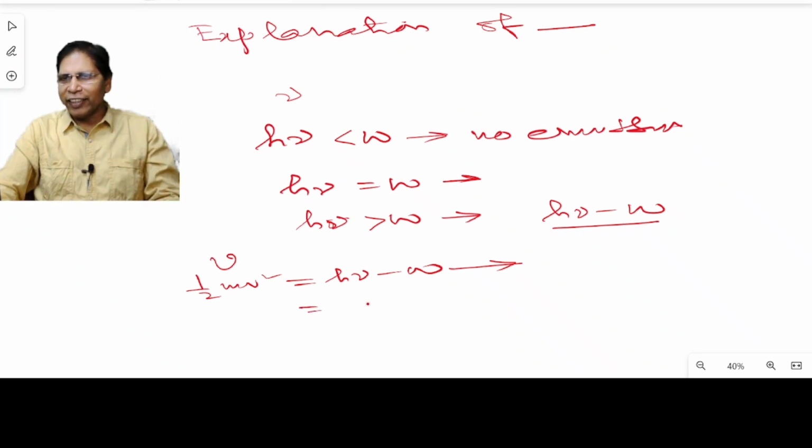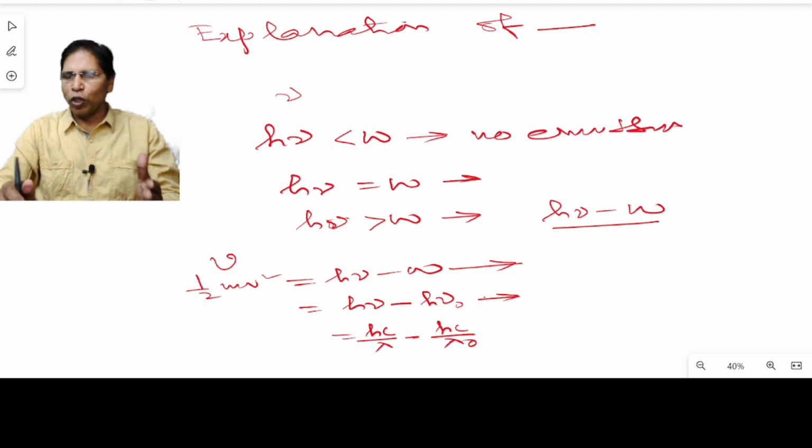Now look at this, here h nu minus h nu naught. Again, this expression can also be written as hc by lambda minus hc by lambda naught, where lambda naught is the threshold wavelength.